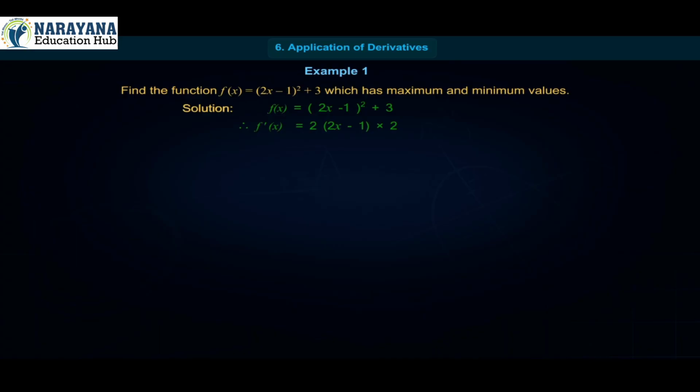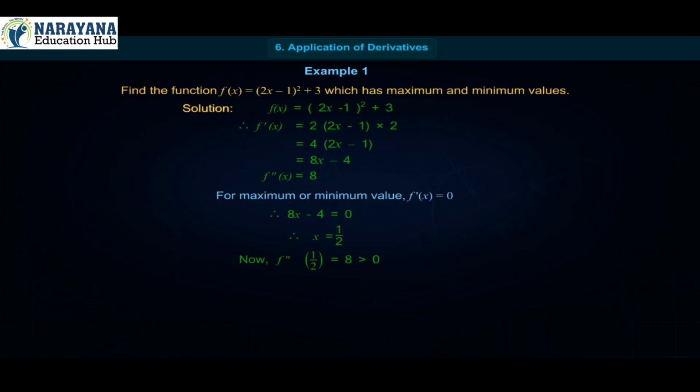Therefore, f dash of x equals 2 into (2x minus 1) into 2, which is 4 into (2x minus 1), equal to 8x minus 4. f double dash of x equals 8. For maximum or minimum value, f dash of x equals 0. Therefore, 8x minus 4 equals 0, so x equals 1 upon 2.